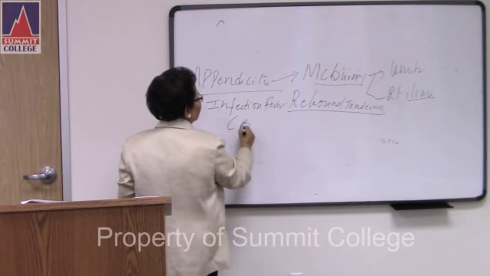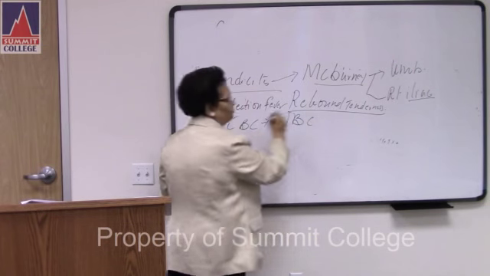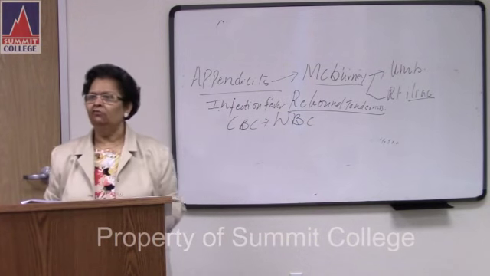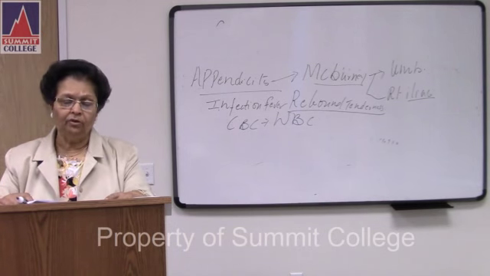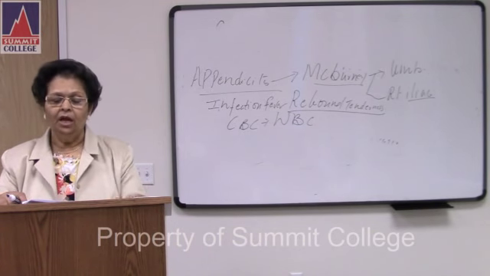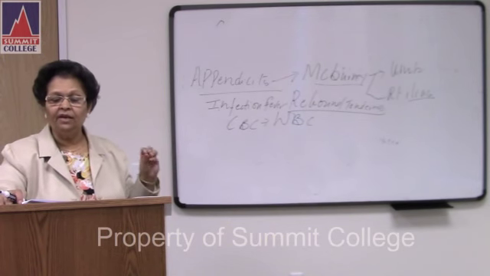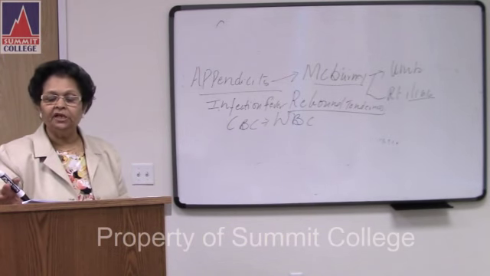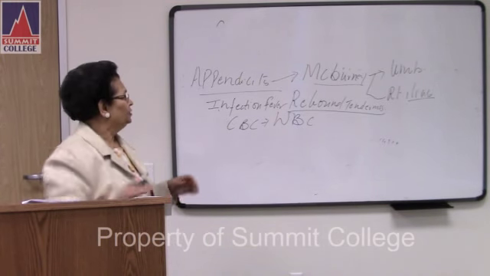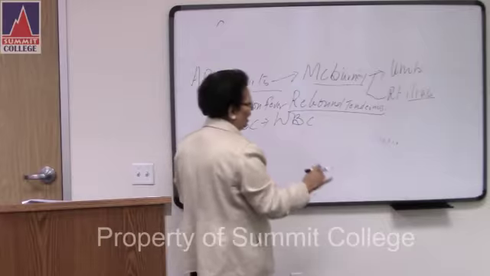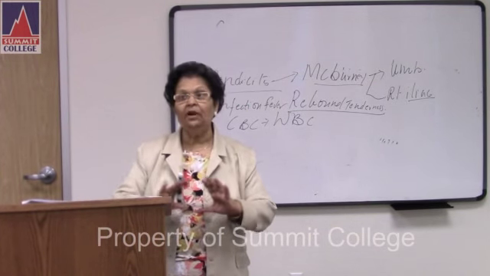Write down CBC. What would be high here? White blood count. Also write down NPO. Don't give anything by mouth. No heat. Don't apply any heat. Don't give any food. What position may the patient be lying in? On the right side because they have pain. So remember, no enema, no suppository, no heat because it will rupture.